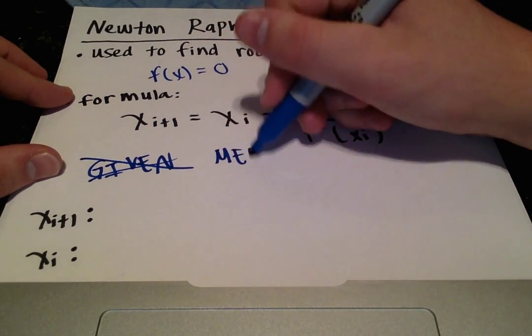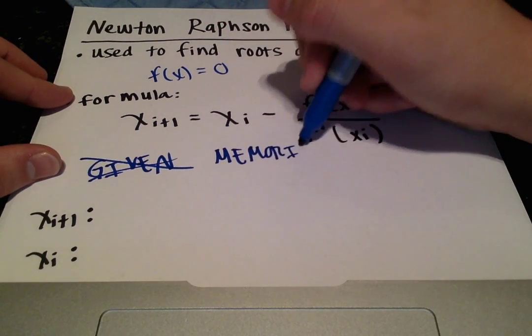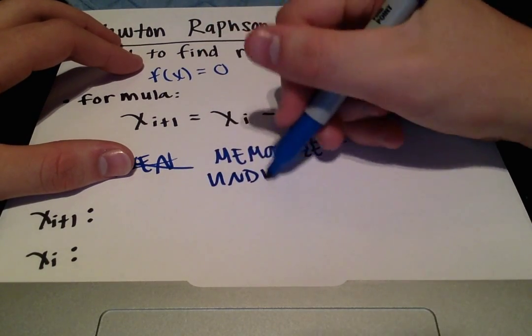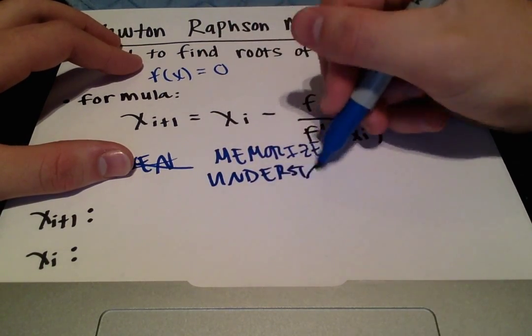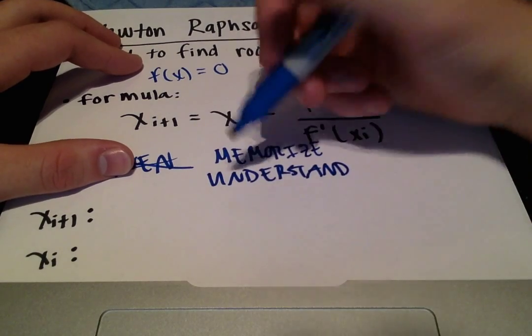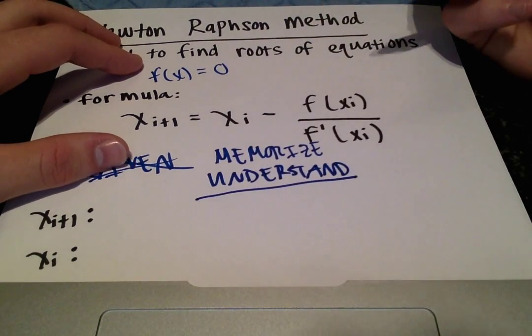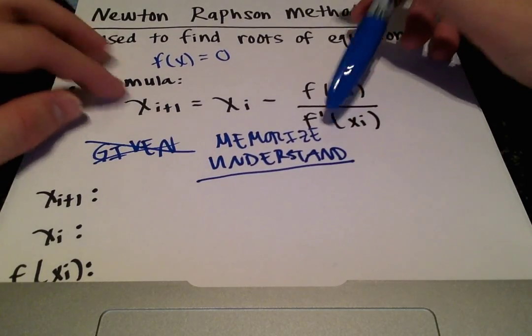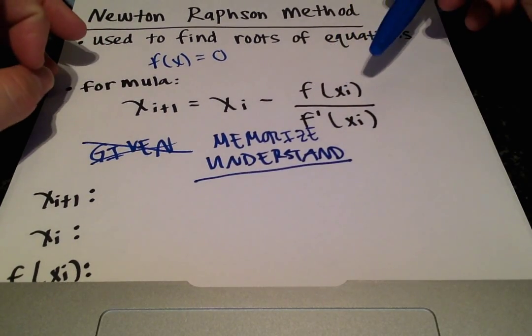You can either memorize this, or you can make the effort to understand where this formula comes from. And I would say, obviously, if you're in a hurry, everyone's been there, where you just want to memorize the formula and get out of there.